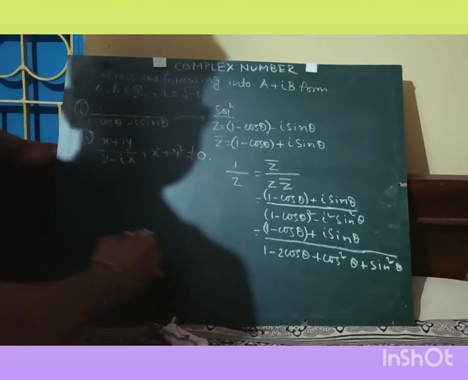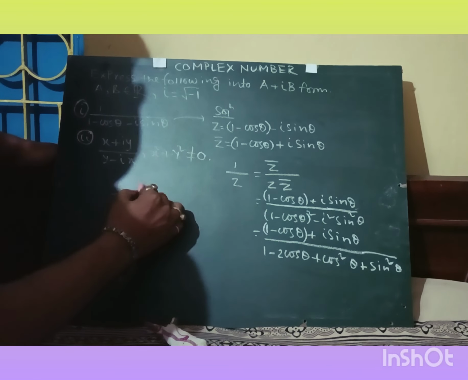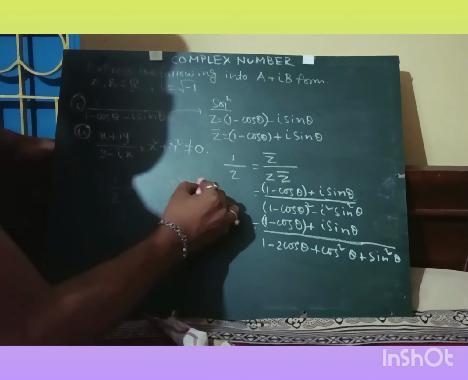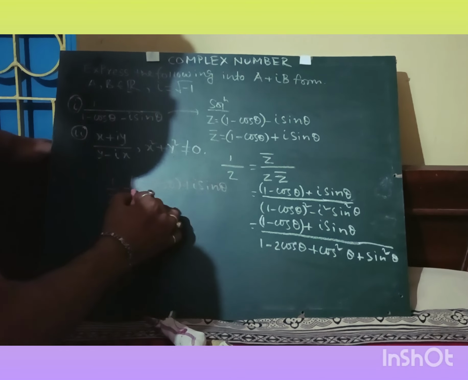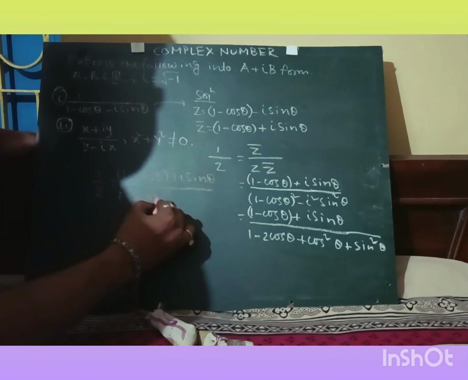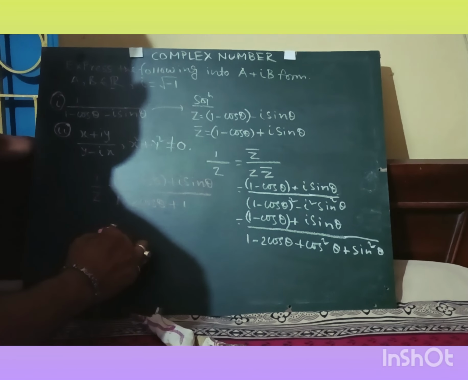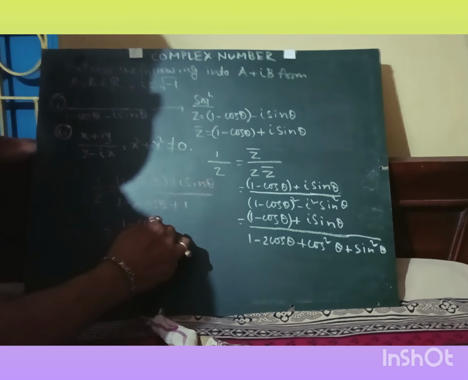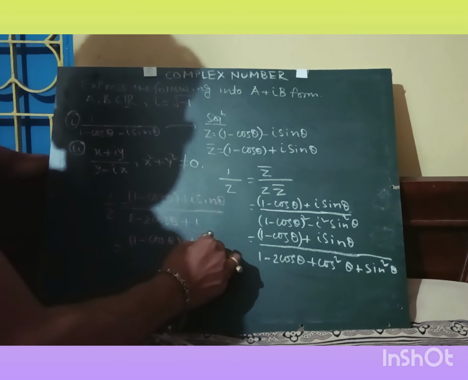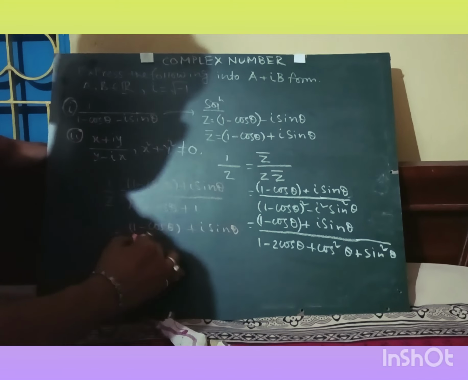Then the answer will be 1 by z equal to numerator 1 minus cos theta plus i sin theta, and denominator 1 minus 2 cos theta, and cos squared theta plus sin squared theta means plus 1. That means numerator 1 minus cos theta plus i sin theta, and denominator 2 minus 2 cos theta.